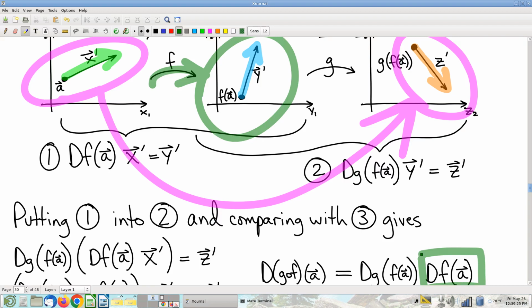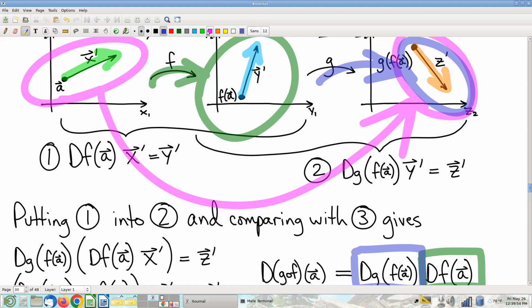And then after having done that, what do I have to do to turn that into z prime? Well, you've got to multiply by the dg matrix. So altogether, the big purple arc of turning x prime into z prime is a two-step process. First you do the dark green, then you do the dark blue. Everybody on board?